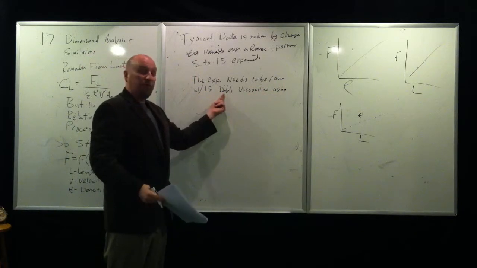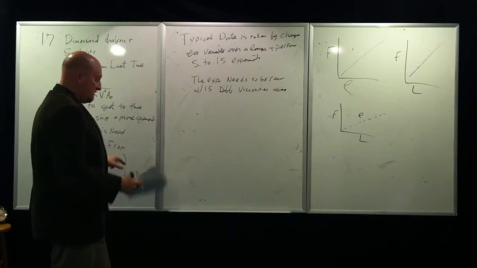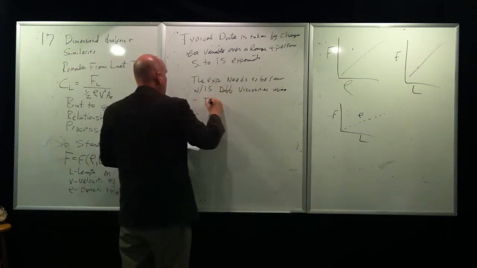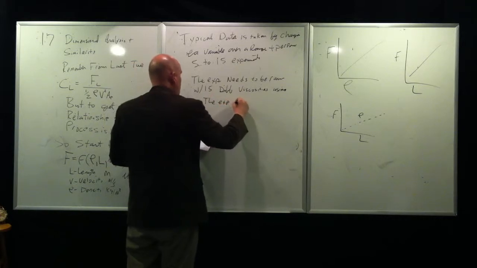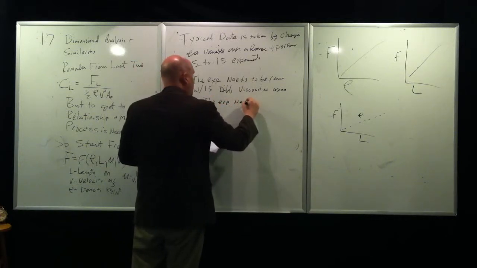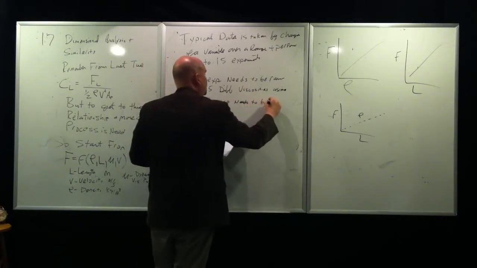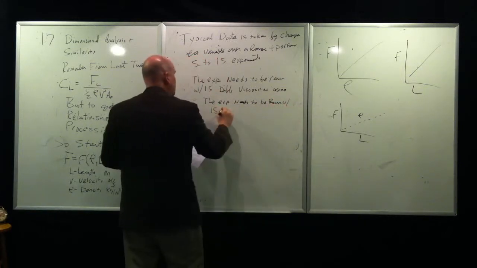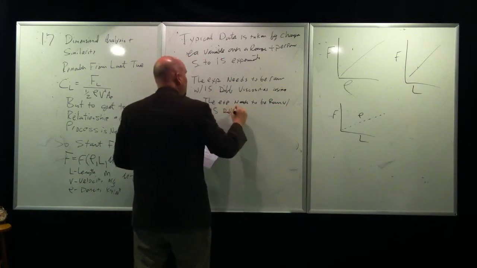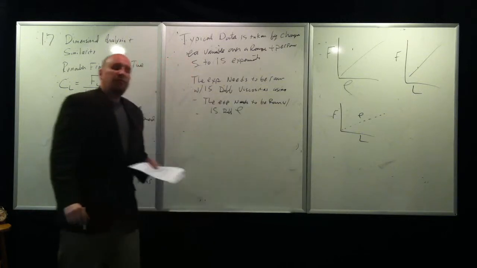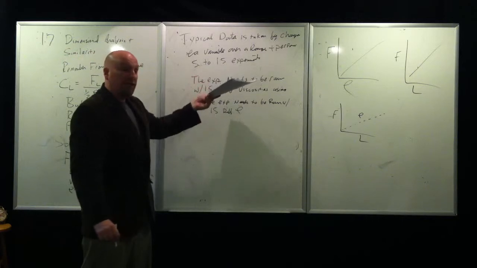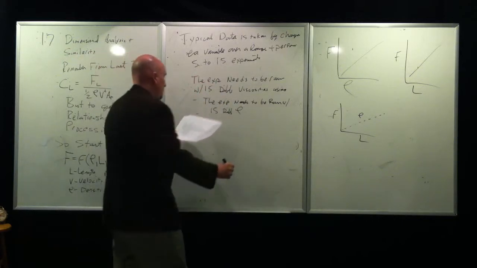So you have to perform the experiment for 15 different viscosities. Then within that, you need to perform the experiment with 15 different densities for each one of the viscosities.